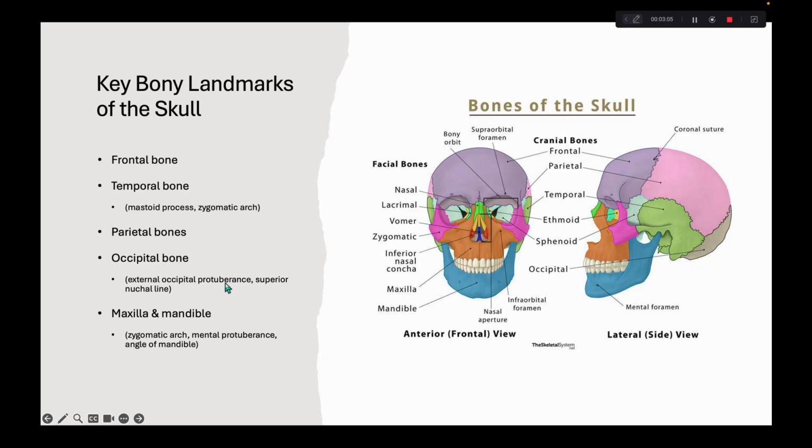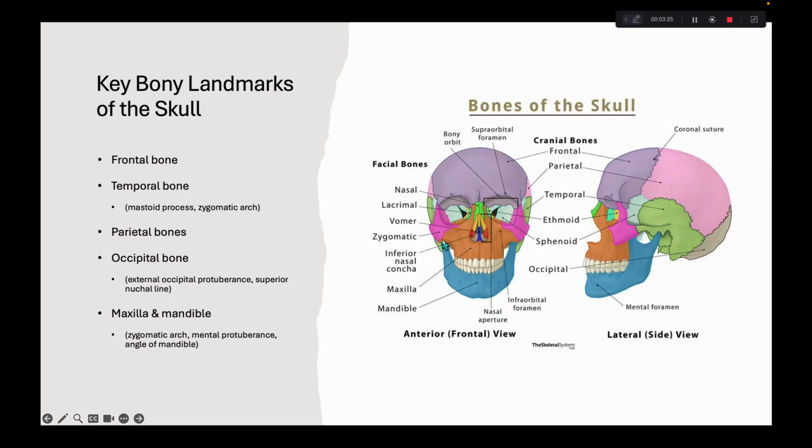Some key landmarks that we're going to go over for the occipital bone would be your external occipital protuberance and your superior nuchal line. Last one here is your maxilla and your mandible. I'm not sure why zygomatic is not in here, but that is your cheekbone right in here.